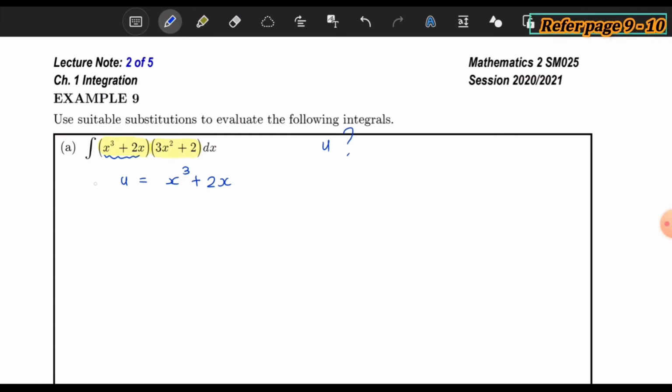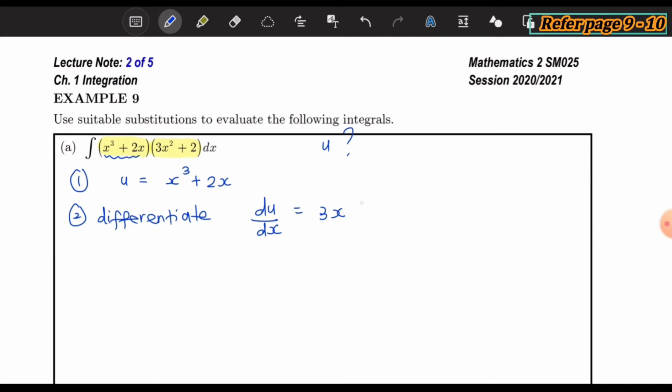So the first step is to choose u. Second step, we need to differentiate. Okay? So du dx, for now we are using x as variable. So du dx equal to 3x squared plus 2.